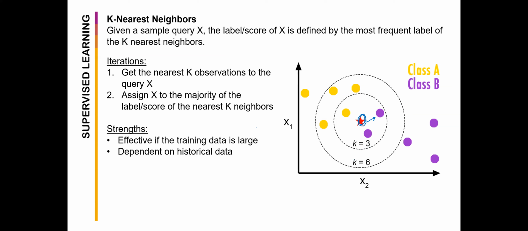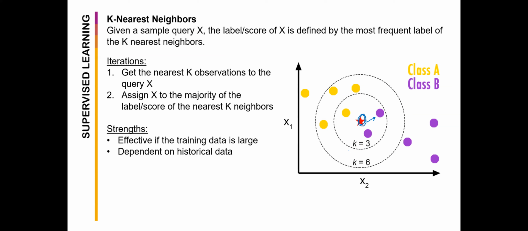It's good if you have large training data, a lot of information to ingest technically, and you can somehow be assured of the accuracy of the labeling, because it's dependent on historical data.